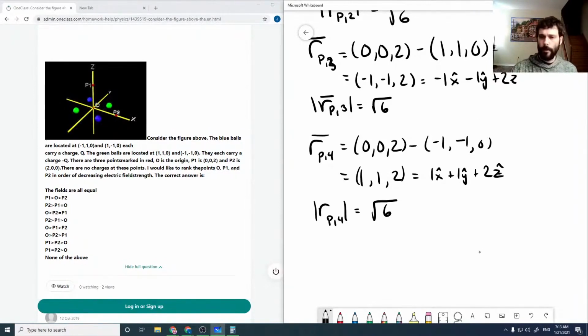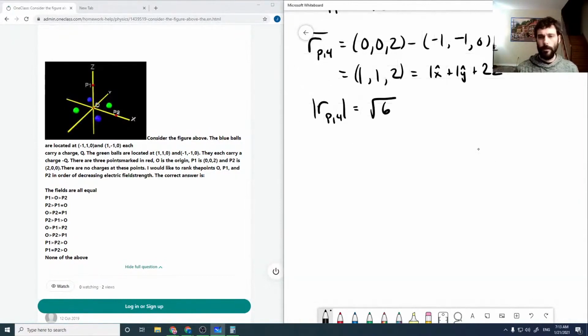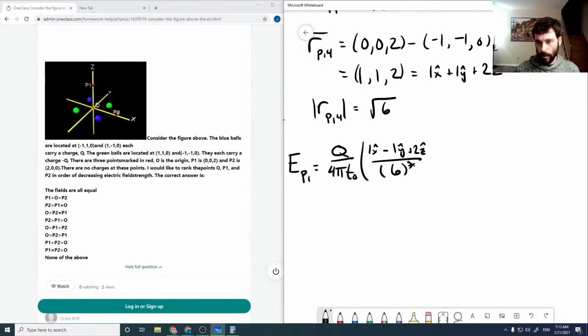Okay, so now our total E field for point P1 is our Q over 4 pi epsilon naught. Our R1 vector, which is 1 x hat minus 1 y hat plus 2 z hat over 6 to the 3 halves. So that's root 6 cubed.